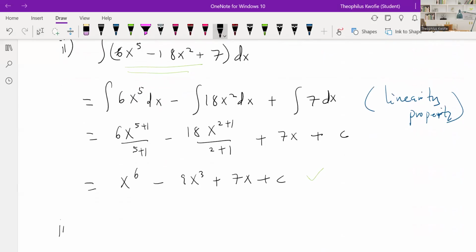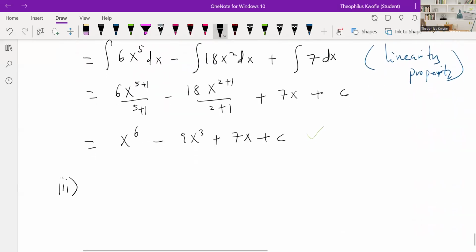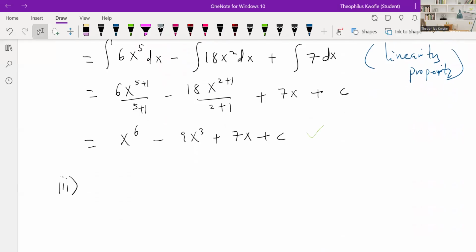So let's go to the third example. With the third example, let me give you a difficult one to try on your own.